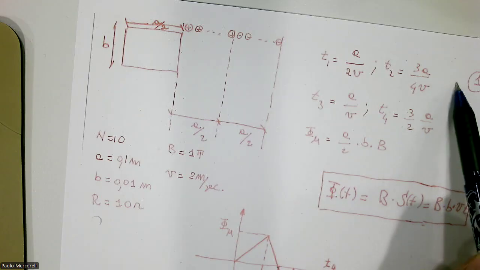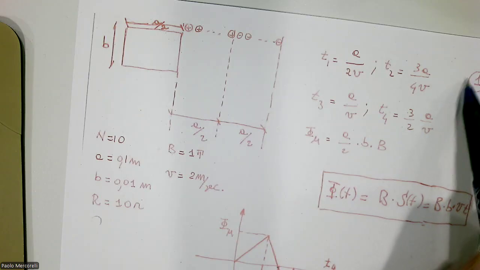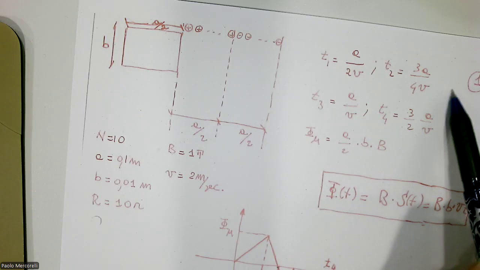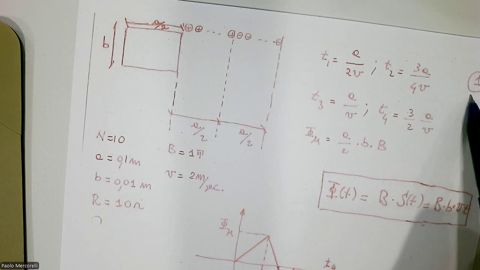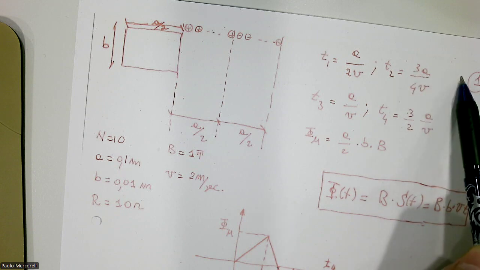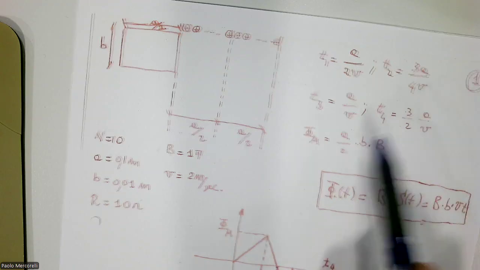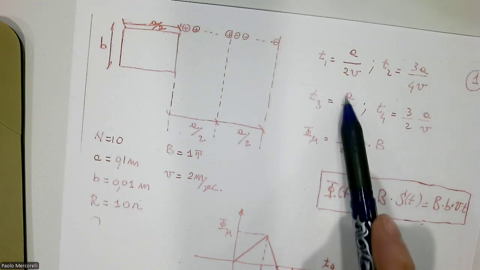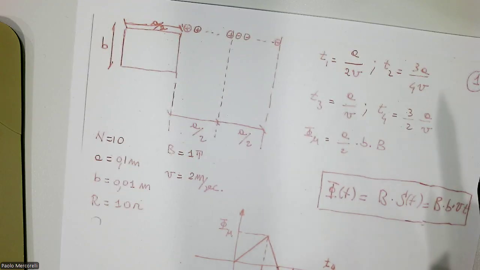If I add half of T1, A divided by 4V, the denominator is the same. 3A plus A equals 4A. This means I can cancel 4 and 4. I have A divided by V.